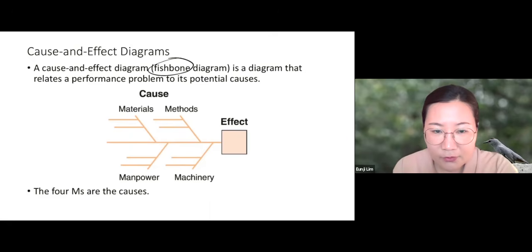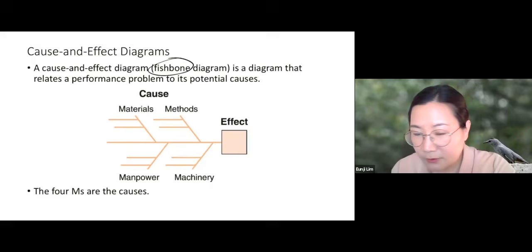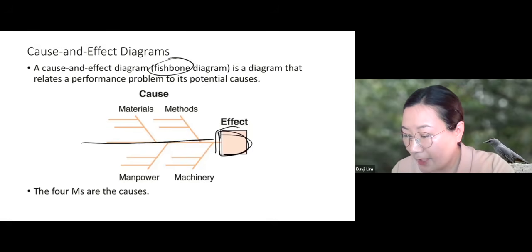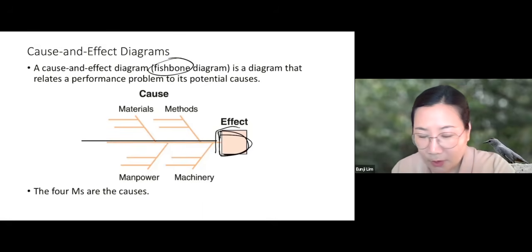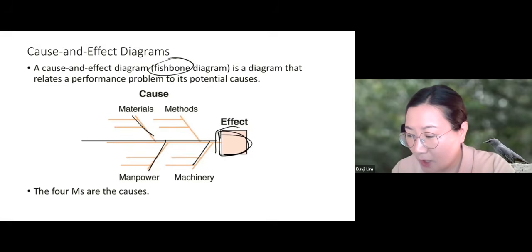This is a typical structure of the cause and effect diagram. It looks like a fish. On the head of the fish, you're going to put the problem we have, and then you're going to draw the backbone of your fish, and you're going to group the causes into 4 categories.